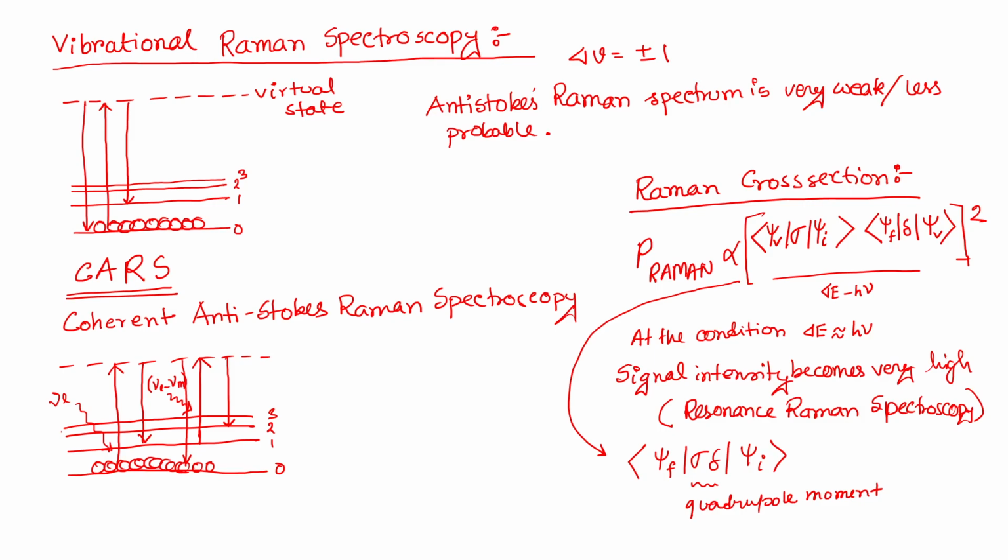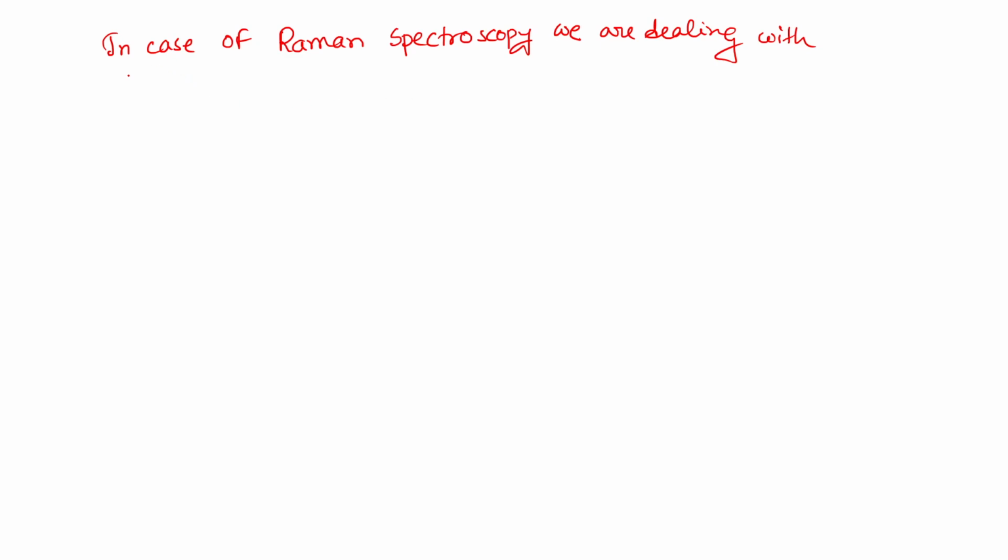Based on this, for Raman spectroscopy, what we are actually looking at is that the molecule goes to a virtual state and then comes back. In the case of Raman spectroscopy, we are dealing with the downward transition from the virtual state, right?